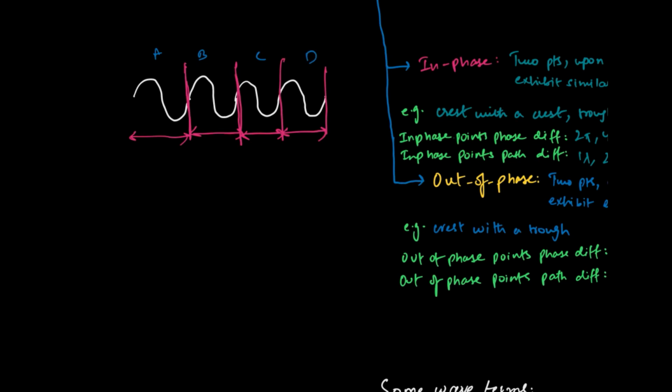Even though they are consecutive waves, joined together, for the sake of understanding we have broken these four waves into four separate waves, and they are exactly the same, labeled A, B, C, and D. So a point on wave A, like on the first crest, would be exactly the same as the same point on the same location on wave B, the same as on wave C, and the same as a point on wave D at this position.